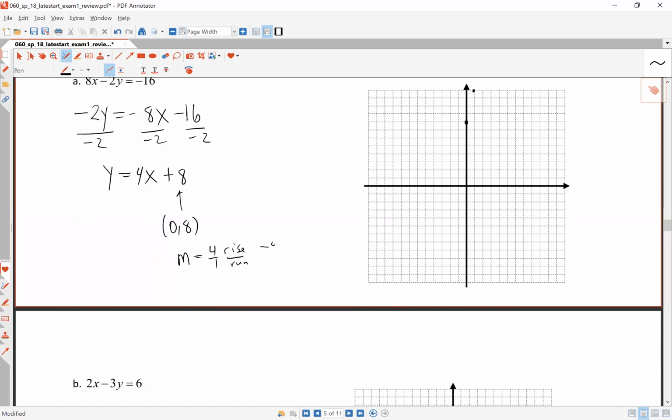But I can also rise negative 4 and run negative 1, meaning go down 1, 2, 3, 4, and left 1. And I keep going down 1, 2, 3, 4, and left 1. I keep doing that until I can't do it any further. And then I use the straight edge to connect the dots.